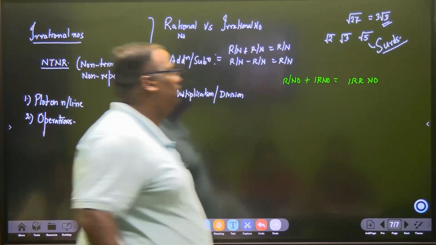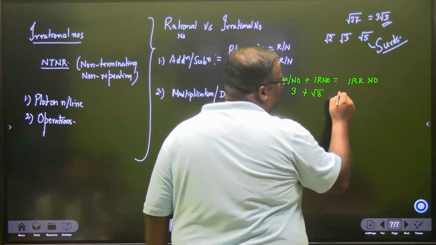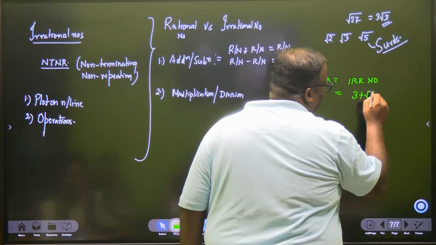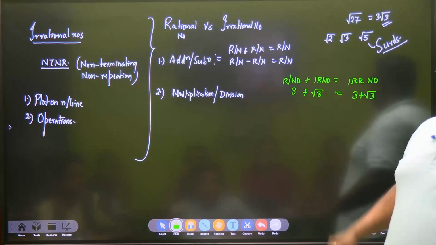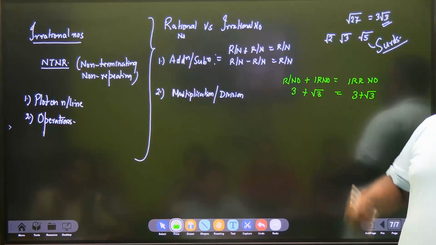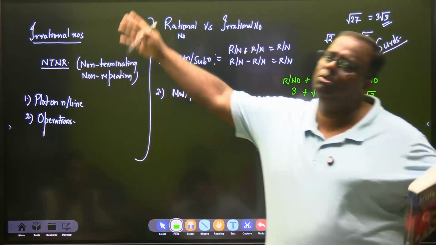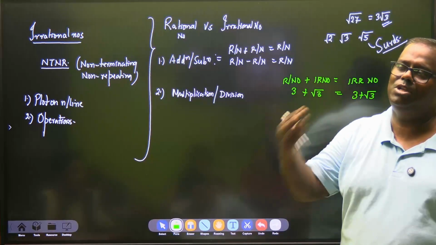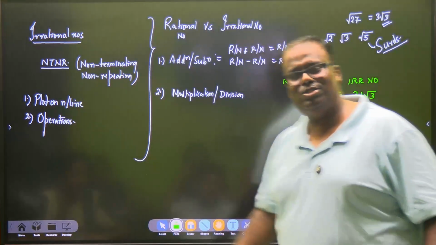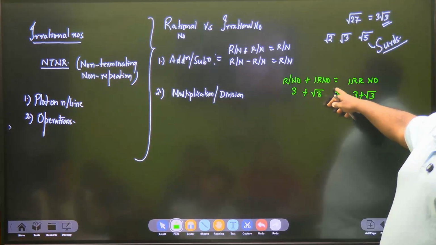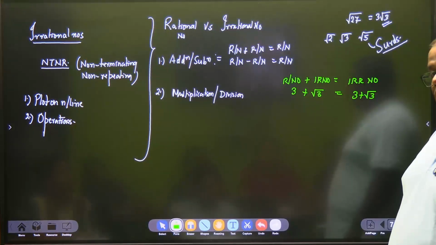For example, 3 plus root 3 cannot proceed further, it will always be 3 plus root 3. Will root 3 terminate ever? No. And if you add 3 with it, suppose it was non-terminating, now it will be non-terminating plus 3. The 3 just gets added. It should still be non-terminating. So a rational plus an irrational will always give you irrational. Is it clear? Okay.